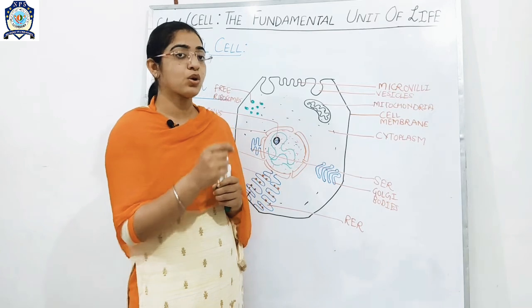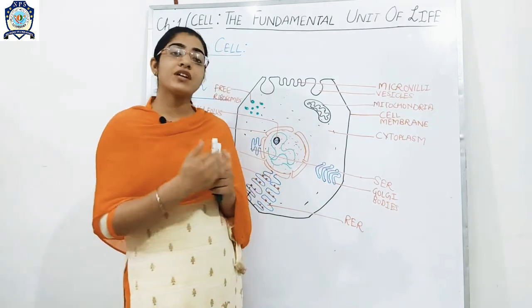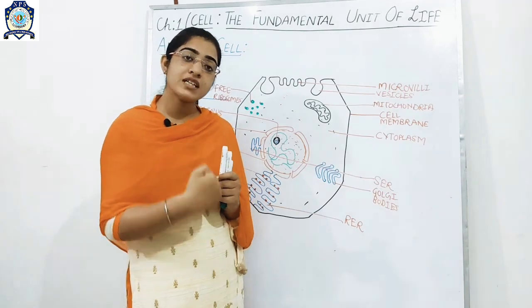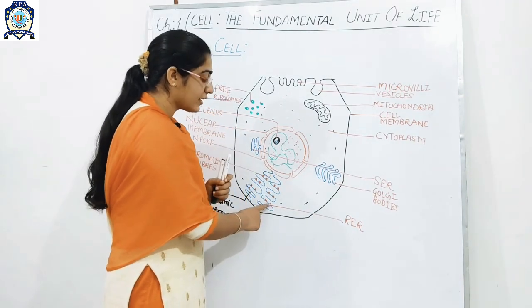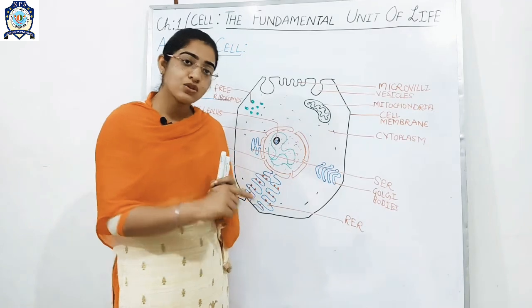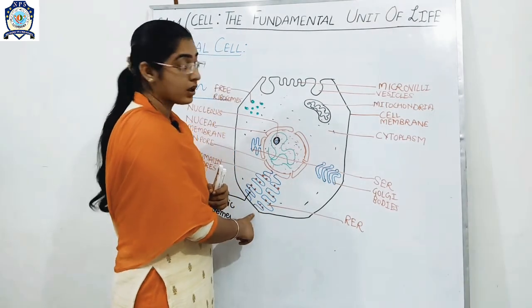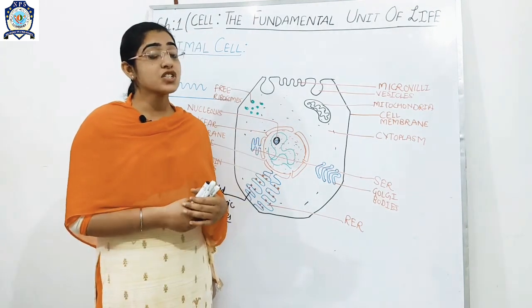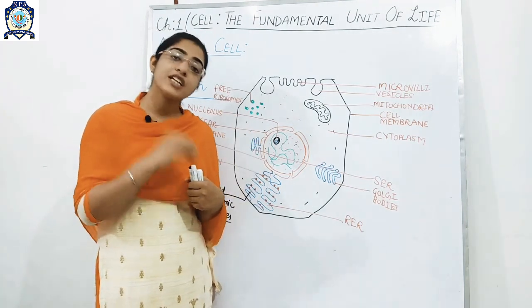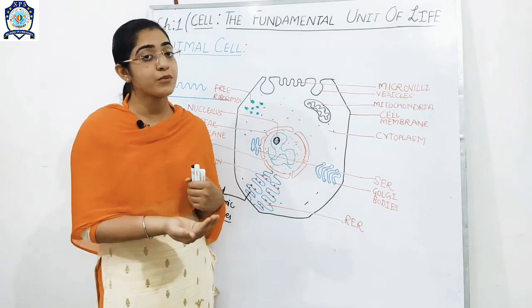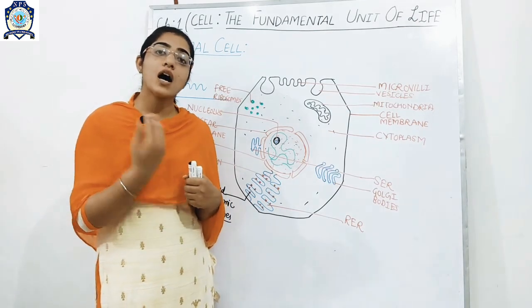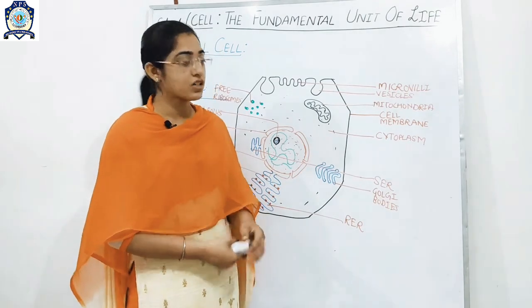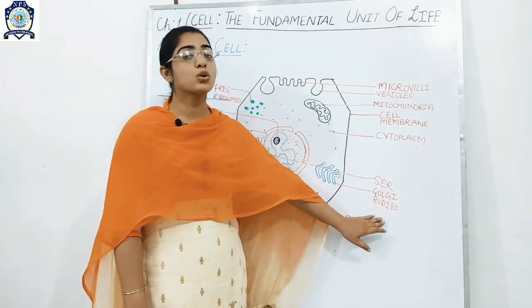And also which type of protein will move outside, which type of protein will move inside, because we studied that some ribosomes are attached with the endoplasmic reticulum while some of the ribosomes are free. So which type of proteins will move into the cell and which type of protein will move out of the cell, that kind of function is performed by the Golgi bodies.